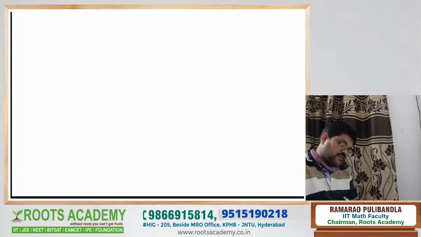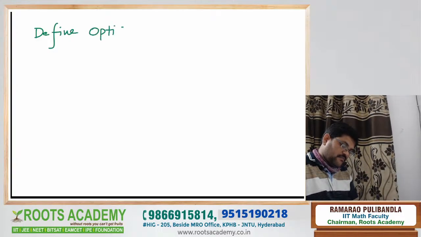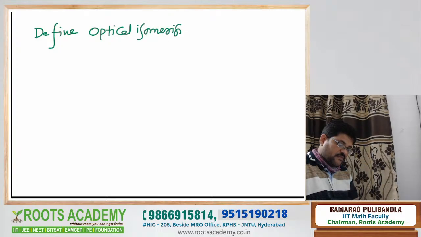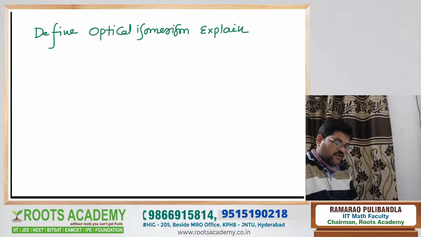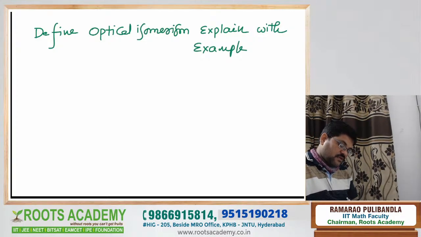Now one question is given like this: Define optical isomerism. Explain with one example. It may be given for 4 marks. Now, how do you define optical isomerism?